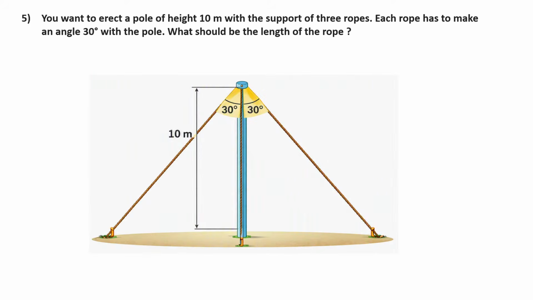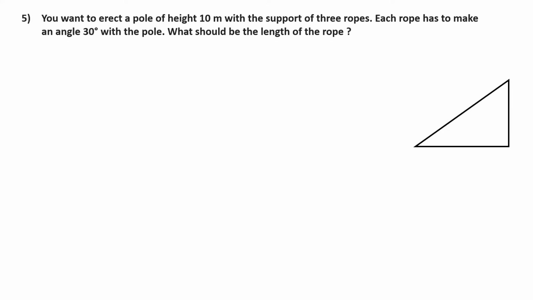Here, three right angled triangles will be formed, each with one rope. So for reference, we will take only one right angled triangle, with one rope. Here the hypotenuse becomes the rope. This is the reference triangle ABC. Here it is 90 degrees. AB is the pole, 10 meters.